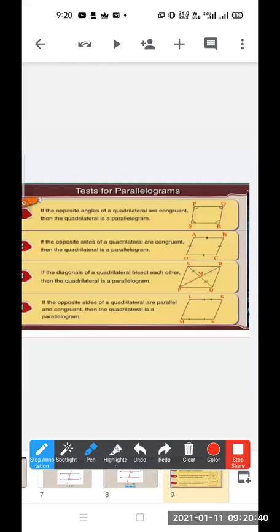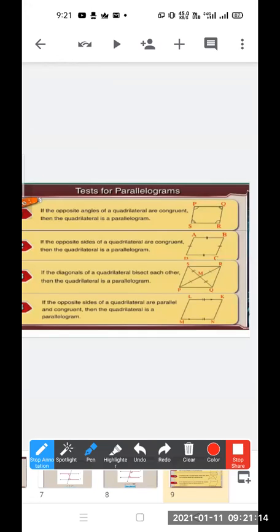Next, the fourth property is: if the opposite sides of a quadrilateral are parallel and congruent, then the quadrilateral is a parallelogram. So here in quadrilateral KLMN, you can read this quadrilateral clockwise as well as anti-clockwise, children.